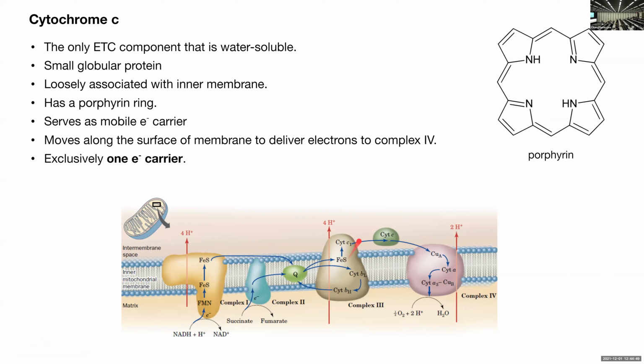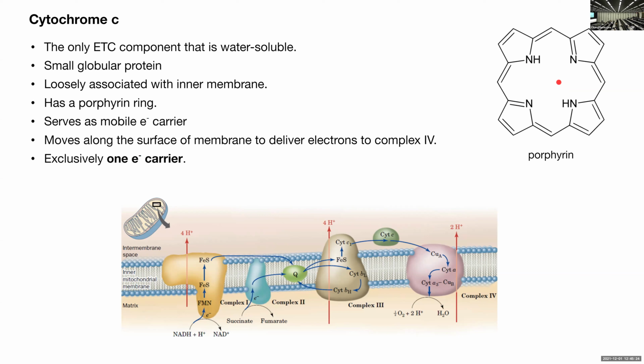The next one after complex 3 is cytochrome C, and that's the only electron transport chain component that is water soluble. It looks like a small globular protein, and it resides in the intermembrane space. It's loosely associated with the inner membrane and has a porphyrin ring, whose structure you can see right here. This porphyrin ring can harbor a positively charged metal ion right in the middle.